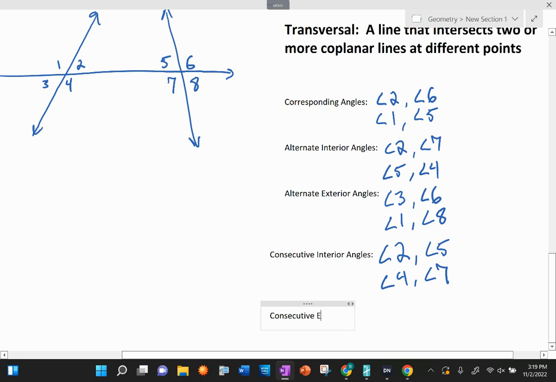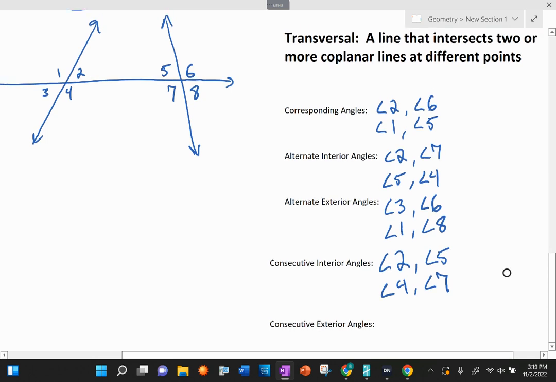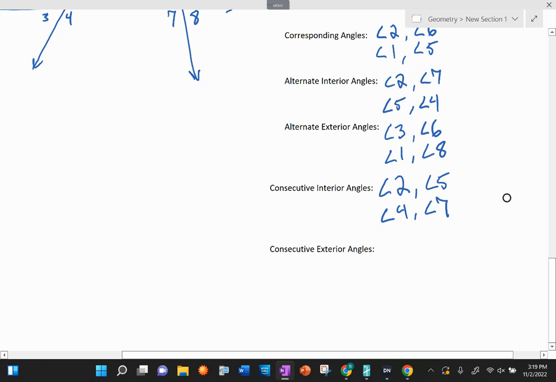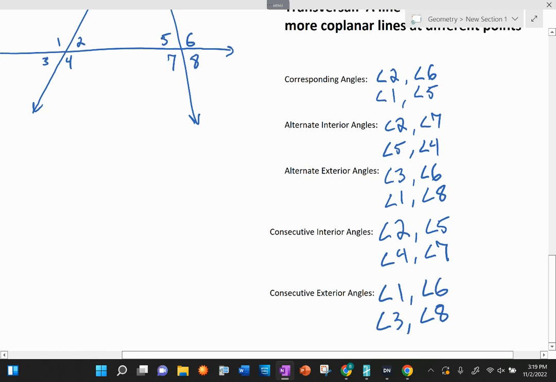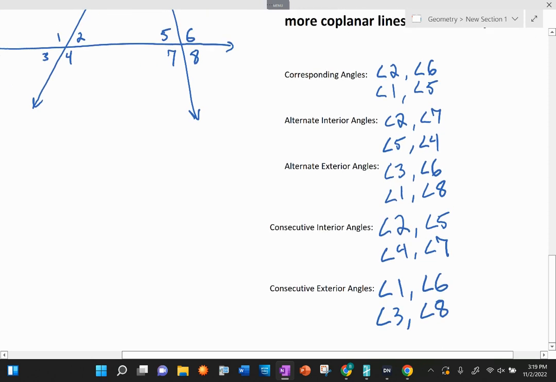Consecutive exterior angles would be angles 1 and 6, and we'd also have angle 3 and angle 8 would be consecutive exterior, right?